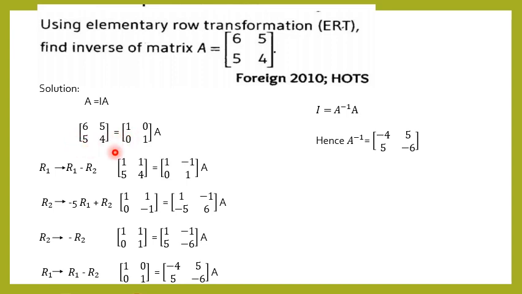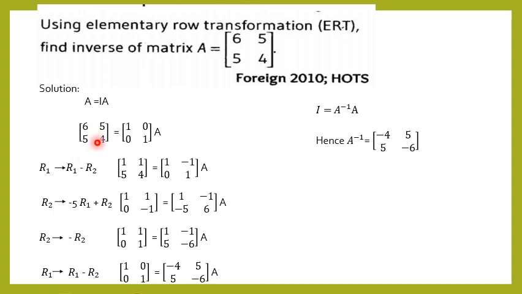If there is another row, we multiply the additive inverse of that element with R1 and add it to that row. Then we will get 0 in the other places.